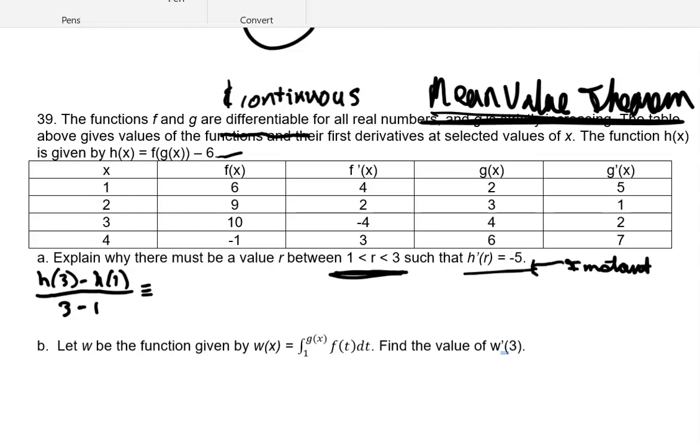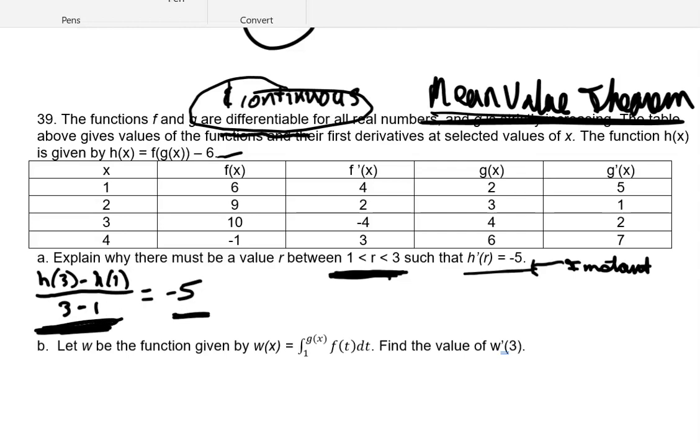if this equaled a negative 5, then the mean value theorem guarantees, since we are continuous and differentiable, that somewhere in the interval of 1 to 3, our average rate of change, this here, must equal our instantaneous rate of change.